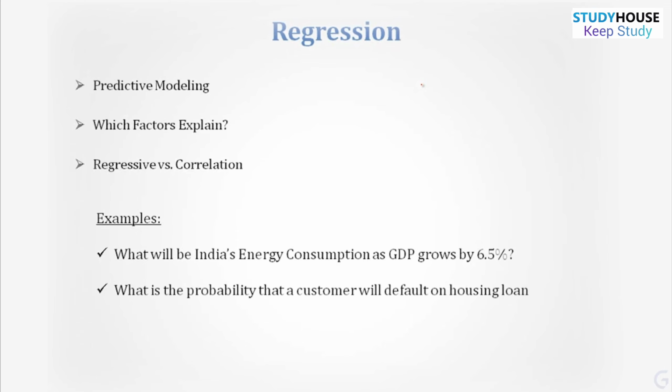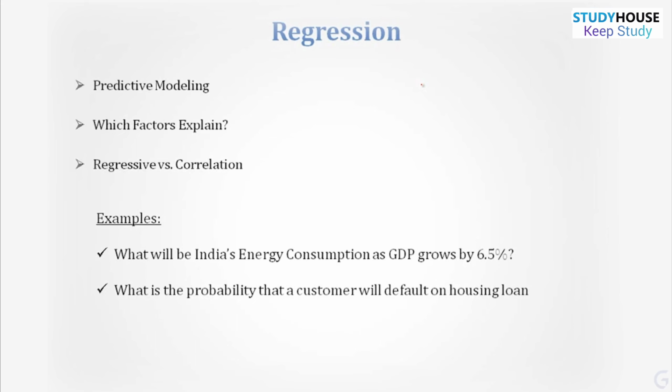Second example, this is an example which you will probably very frequently encounter in analytics exercises, that is default probability. In this case, we are looking at the default probability of a customer who will default on a housing loan. Now again, what are the possible factors?